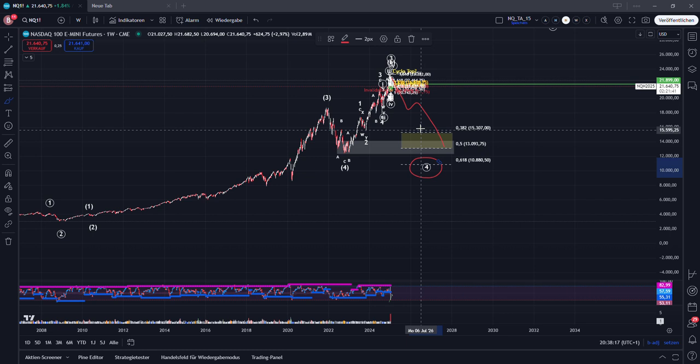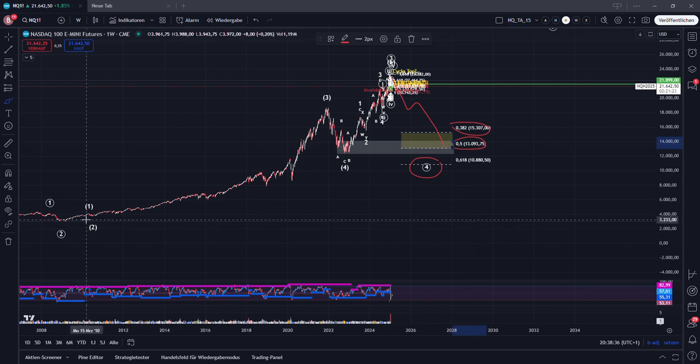And that would suggest that we have a target to the downside between 15,307 to 13,093, which is the 0.382 and the 0.5 Fibonacci retracement levels, measured from the starting point of the 3 to the top of the 3 on the primary degree, which would be then all this move up.